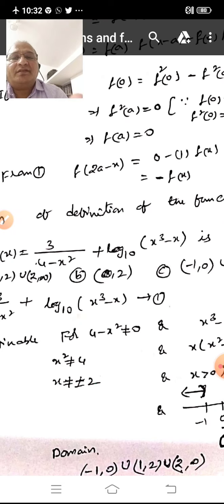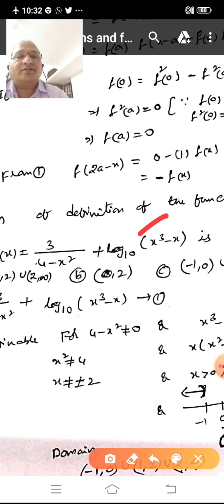Here already I told about the denominator should not be equal to 0. Under root value should have to be positive. Now we got a very special thing, that is log. Under log it must be greater than 0 because logarithm is definable only for positive values.